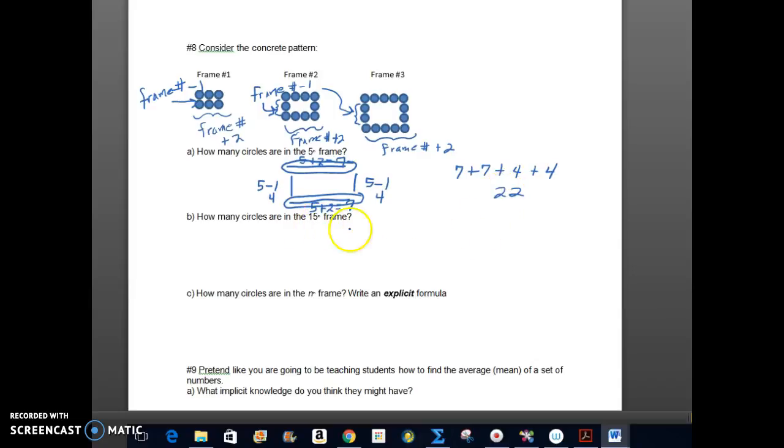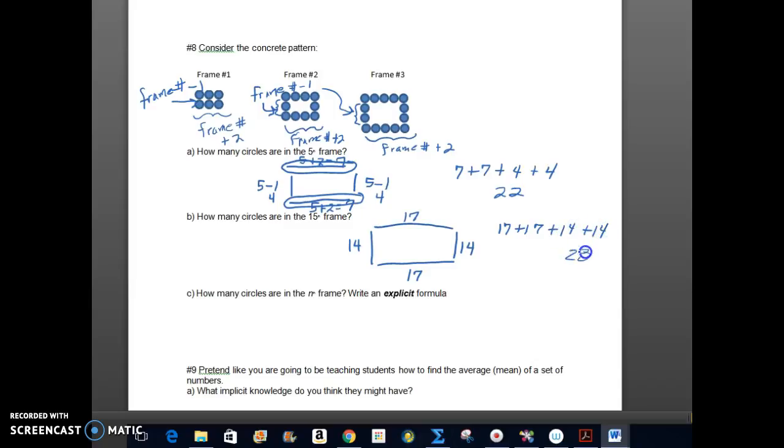Okay. So 15th frame. Top, frame number plus 2. 17. Bottom, frame number plus 2. 17. Side, frame number minus 1. 14. Side, frame number minus 1. 14. So when I add this, I got 17, 17, 14, 14.